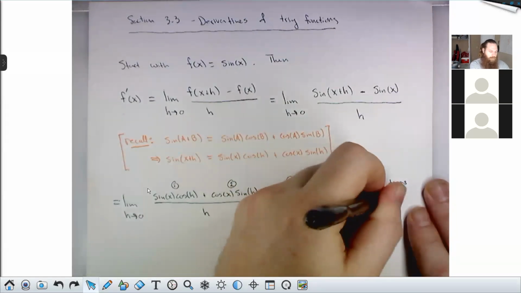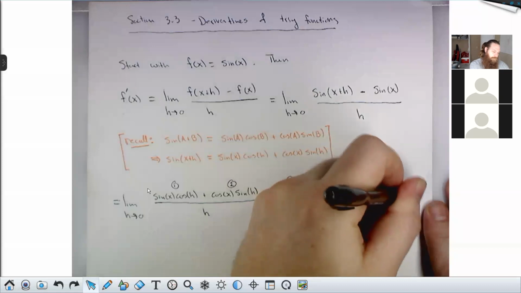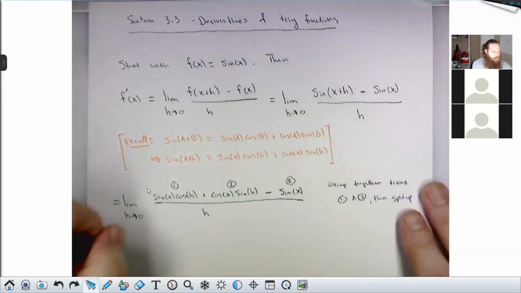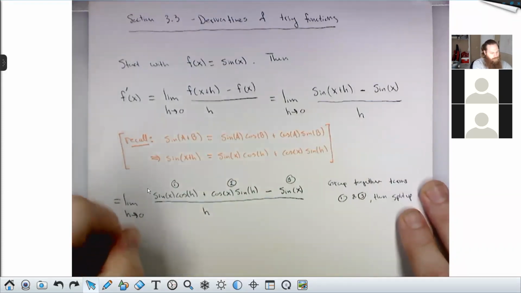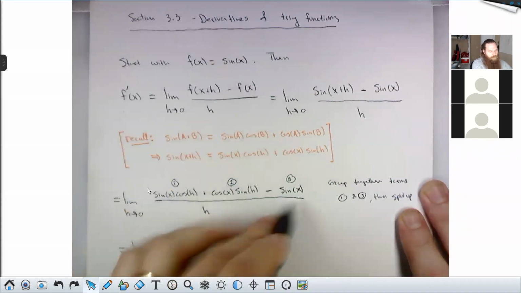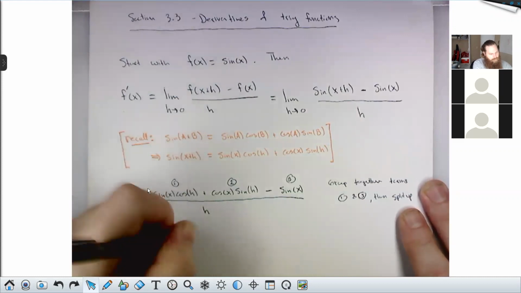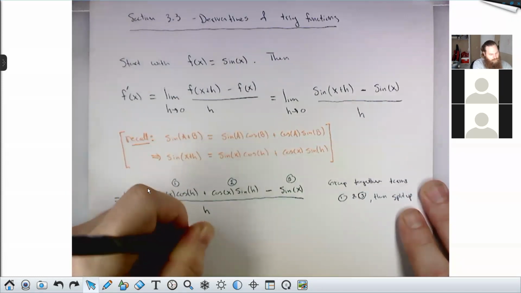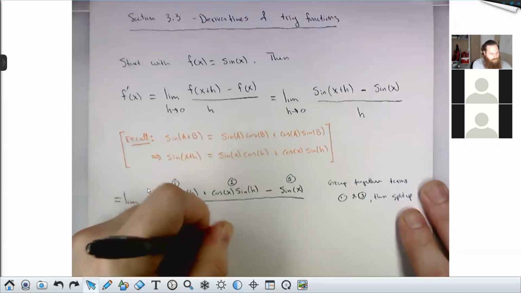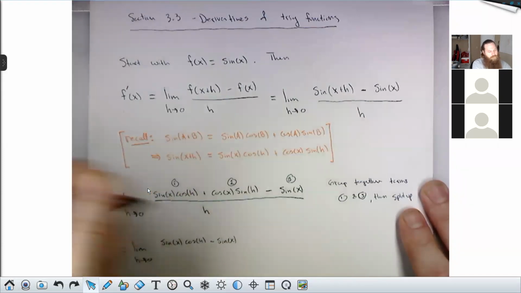And then I'm going to split up. So what is that going to look like? This is going to be lim h to 0 of terms 1 and 3. So this is going to be sine x times cos h minus sine x.